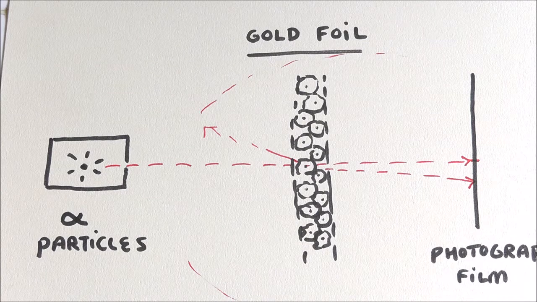What happened is, since a little bit of everything happened, particles going straight through, particles having their path altered, that tells you that if you look close enough, atoms are not homogeneous. The nucleus is much, much more dense than the electron cloud, which is much, much more diffuse. Think about that.